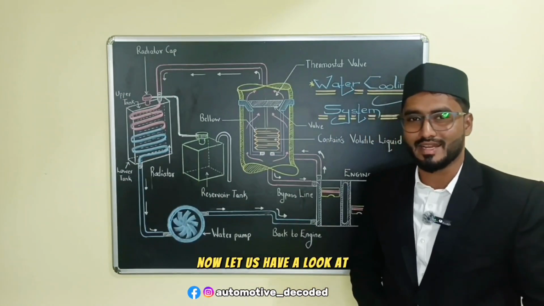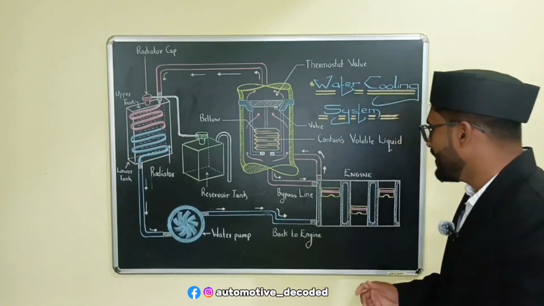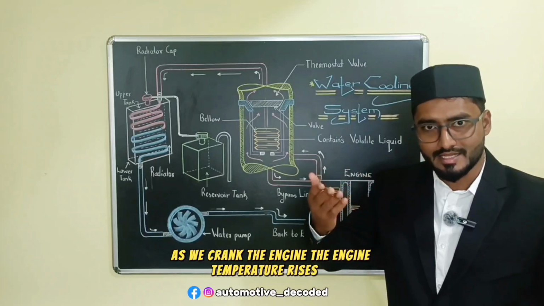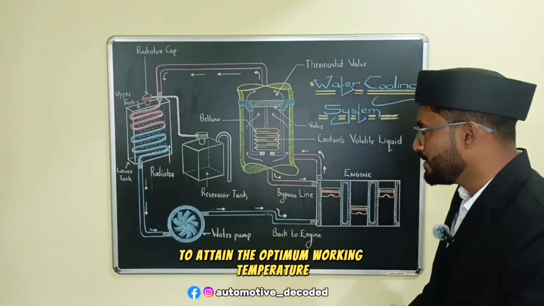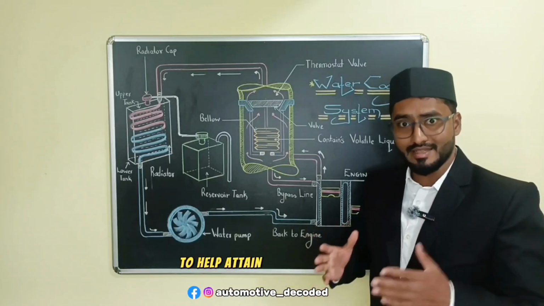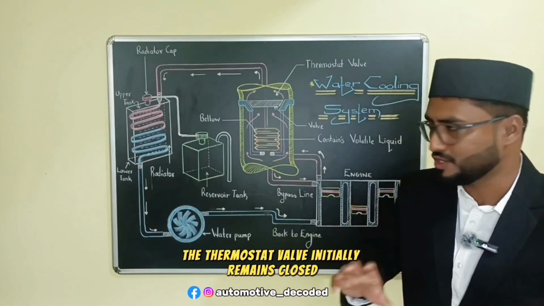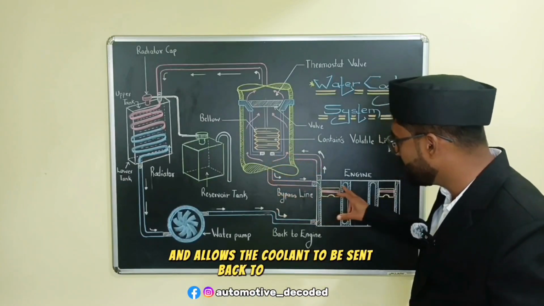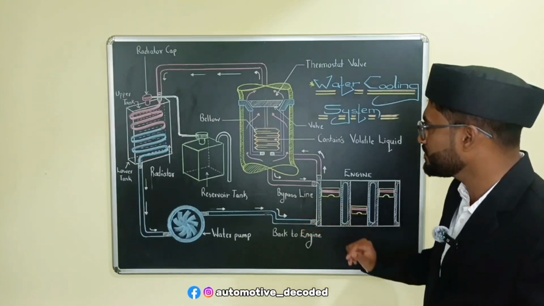Now let us have a look at the working of this particular system. As we crank the engine, the temperature rises up to attain the optimum working temperature. To help attain this temperature, the thermostat valve initially remains closed and allows the coolant to be sent back to the engine by the bypass line.